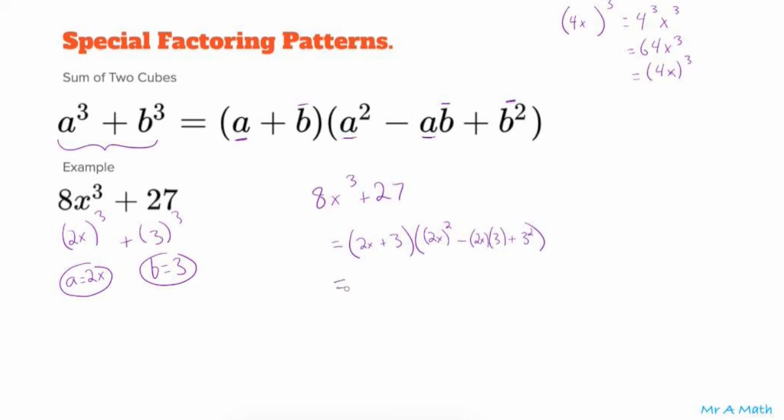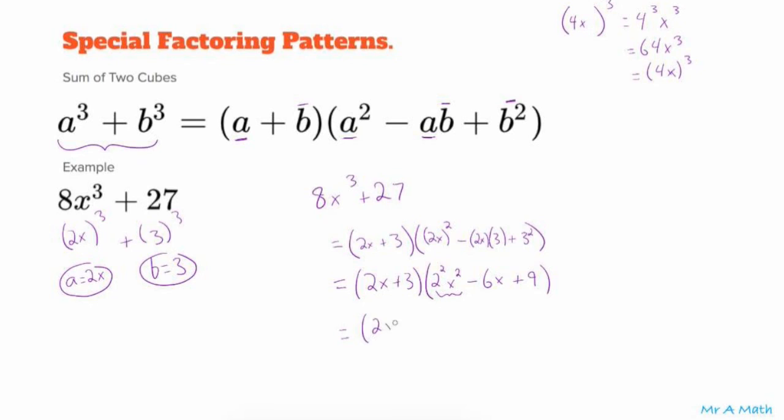And now I can do a little bit of algebra in my second set of parentheses. So I get 2x plus 3 times, distribute the 2, so this is going to become 2 squared x squared minus 2x times 3, which is just 6x, plus 3 squared, which is 9. And now I can simplify this last little bit here.